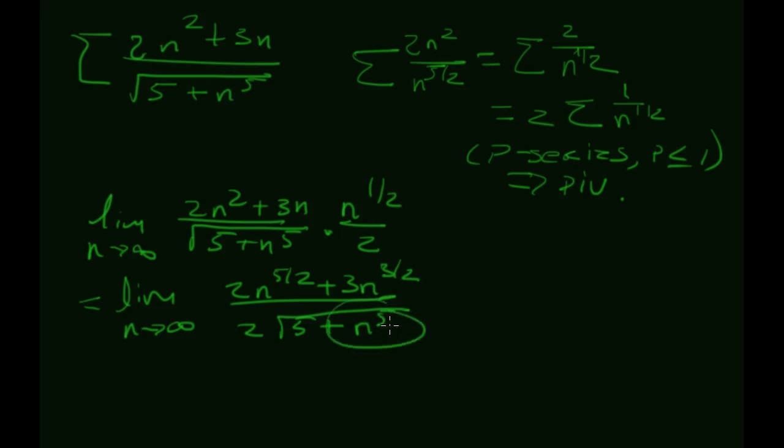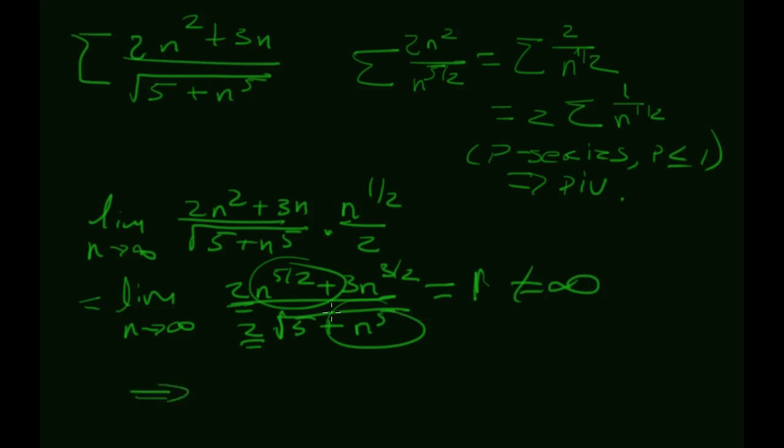But this n is to the 5/2. This n is to the 5/2. Those are the two fastest terms. They both have a coefficient of 2. So 2 divided by 2 is going to make this equal to 1, which is not infinity.